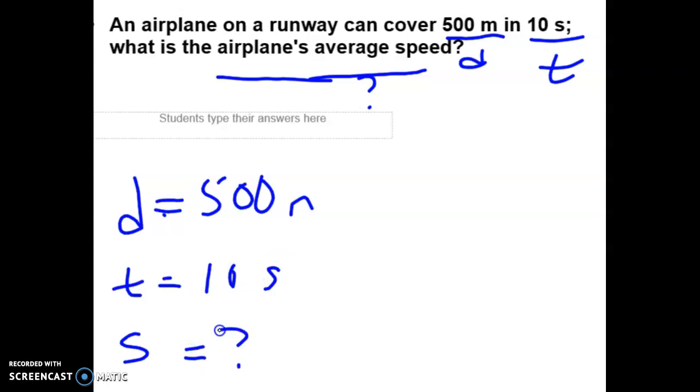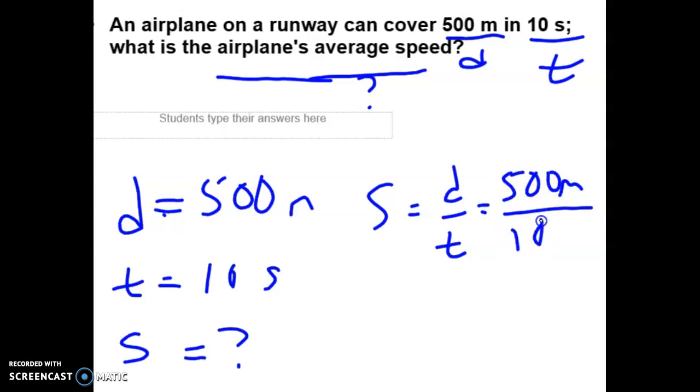We're looking for the speed. Speed equals distance over time, which is equal to 500 meters over 10 seconds, which is equal to 50 meters per second.